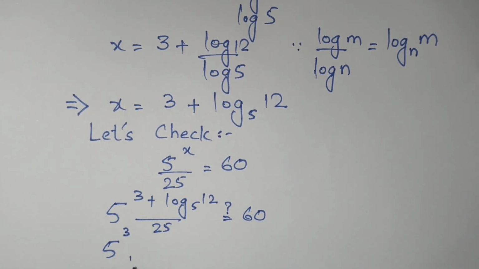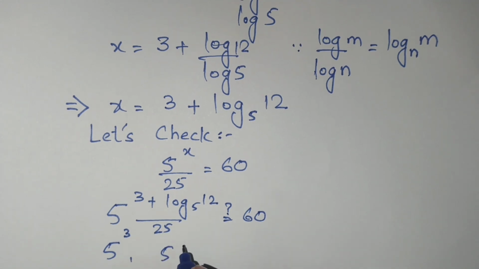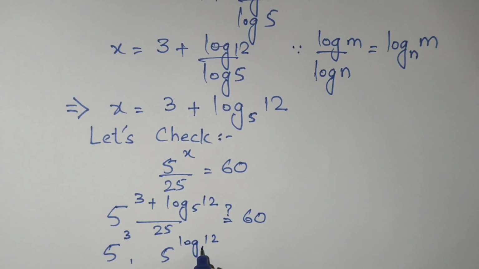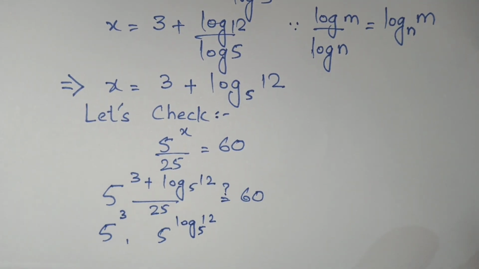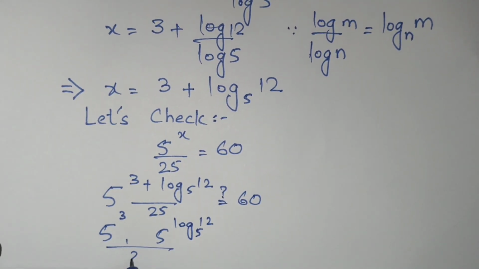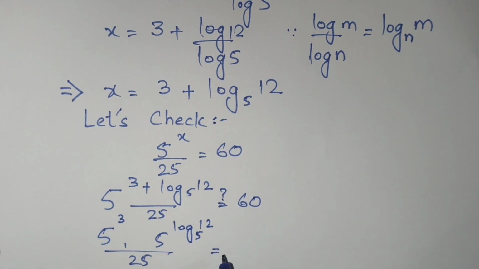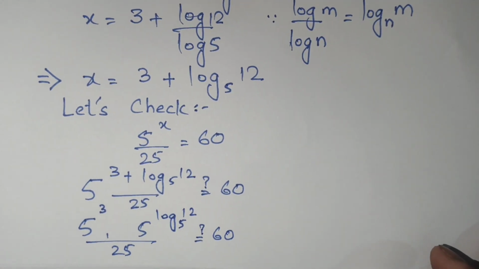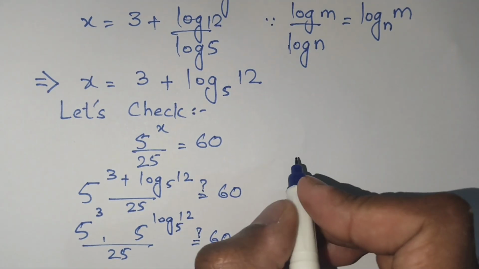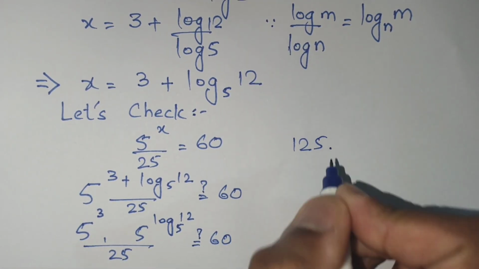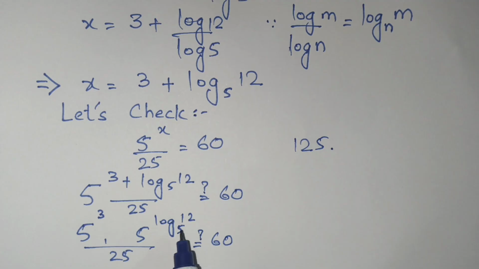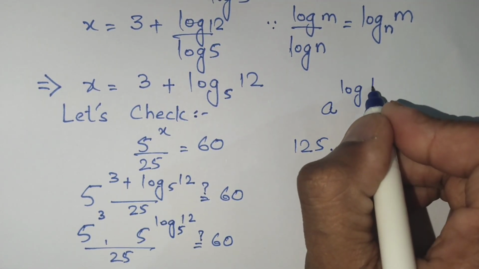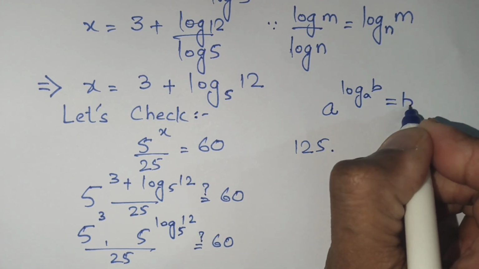Now I rewrite it. So 5 power 3 times 5 power log of 12 with the base 5 over 25 equals 60. Now for this term 5 power log of 12 with the base 5, we will use a formula: a power log of b with the base a always equals b.